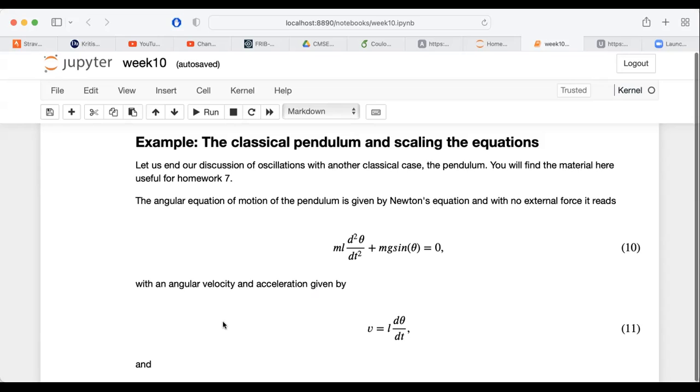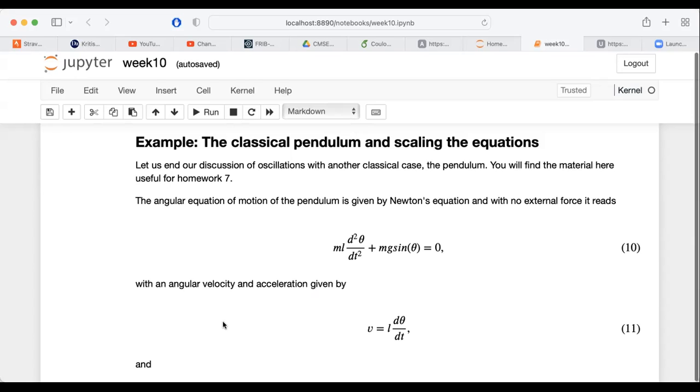So this is the angular acceleration. And there's a term which goes like the mass times the gravitational acceleration times sine theta of the angle. So in this case, we don't have x and y and z, but we have the angle. So this pendulum is just swinging back and forth.